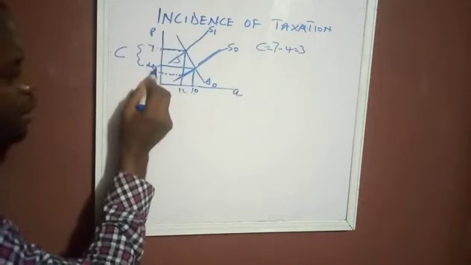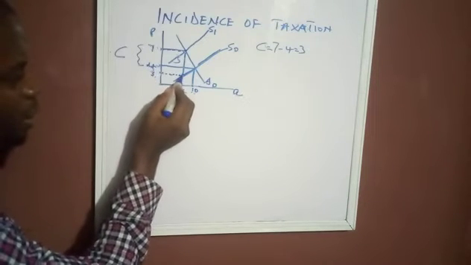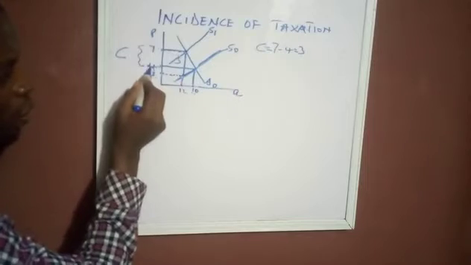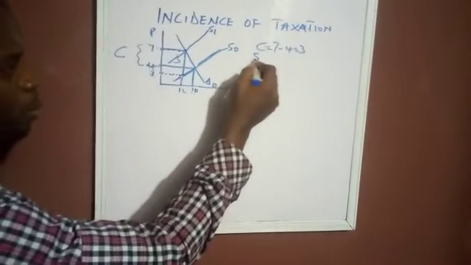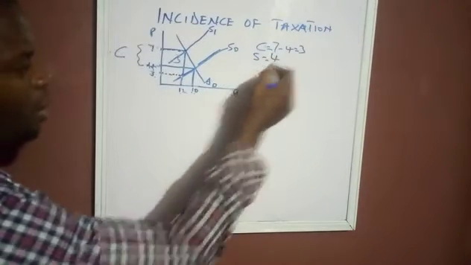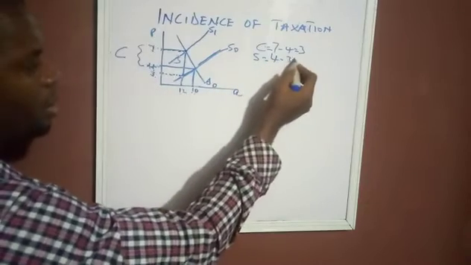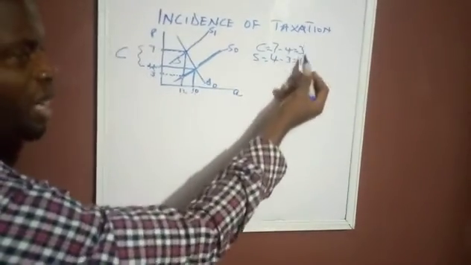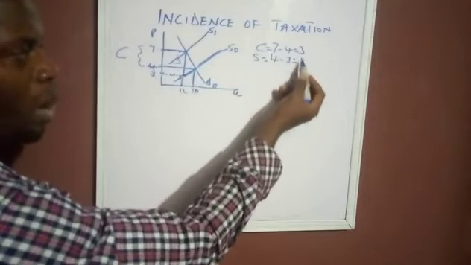And the remaining, from 4 to this point of the incidence of taxation, 4 to 3 here, is for the supplier. So supplier pays 4 minus 3, which is $1. So if you look at it now, who is paying more? 3 and 1. Consumer pays more.